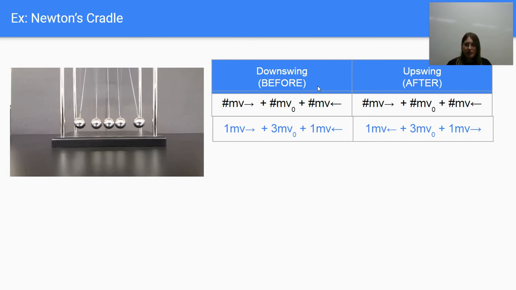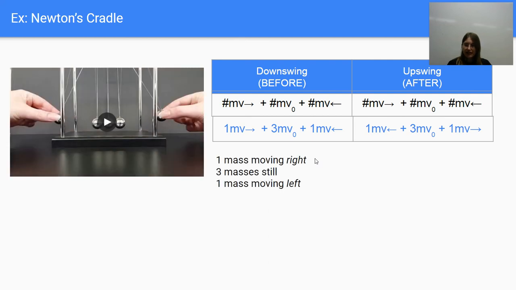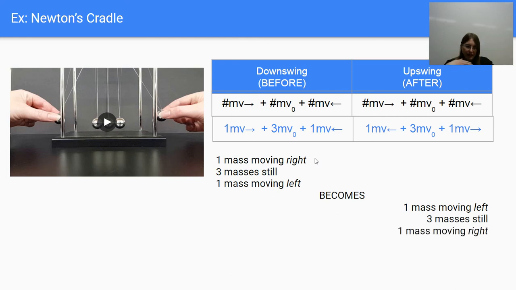It's the same. What? It's amazeballs. Okay, one right, three still, one left becomes one left, three still, one right. So the momentum is doing this. It's transferring between them. It's not bouncing. It's transferring between like this. It's very cool stuff.